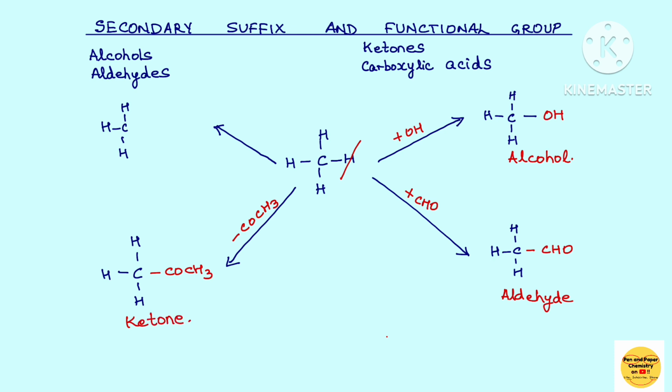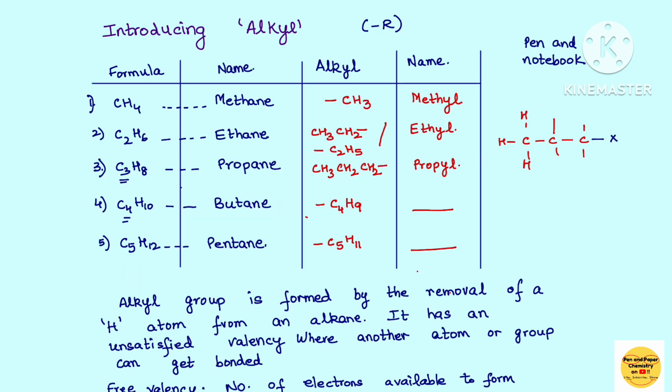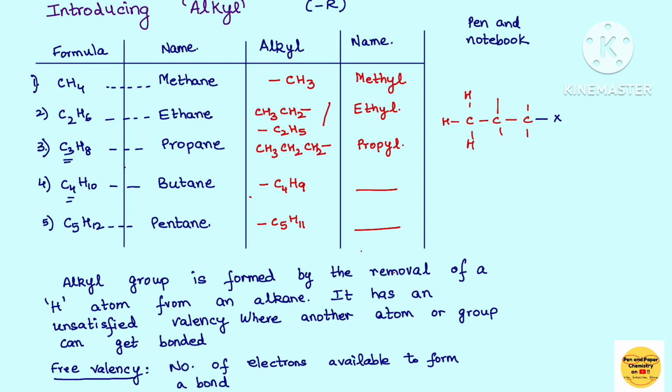Now in the previous video, I introduced to you the term alkyl, and I did mention that we represent the alkyl by R. What is this R? Many a time, in order to make things simple or more generic, for example, if I have CH3OH or if I have C2H5OH, instead of writing the formula of each and every one of these, you see the CH3 is an alkyl group.